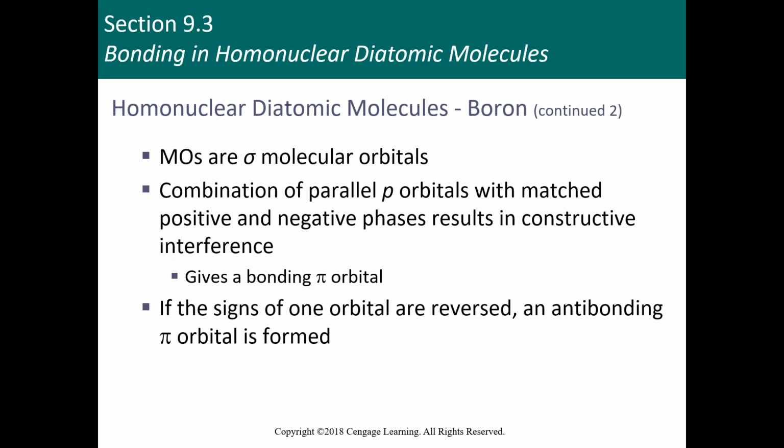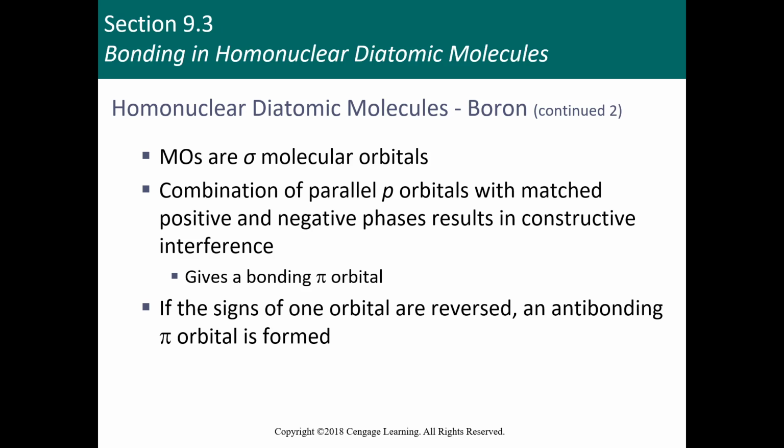Molecular orbitals are going to be sigma molecular orbitals. In this case, for this bond, the combination of parallel p orbitals will match positive and negative phases. This will result in constructive interference. When your p orbitals make bonding orbitals through constructive interference, they're going to give you your bonding pi orbitals.